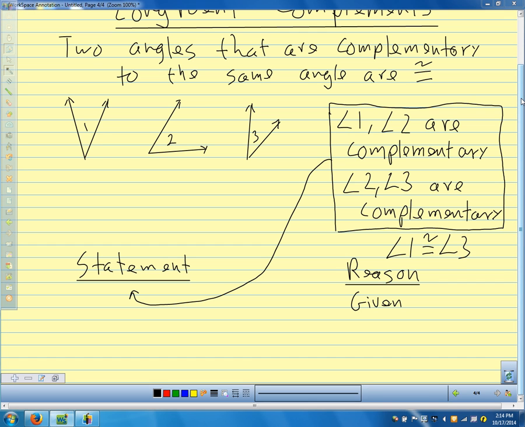All right, if these two angles are complementary, what else can we say about them? They add to 90. So let's write that down. Measure of angle 1 plus the measure of angle 2 equals 90 degrees.